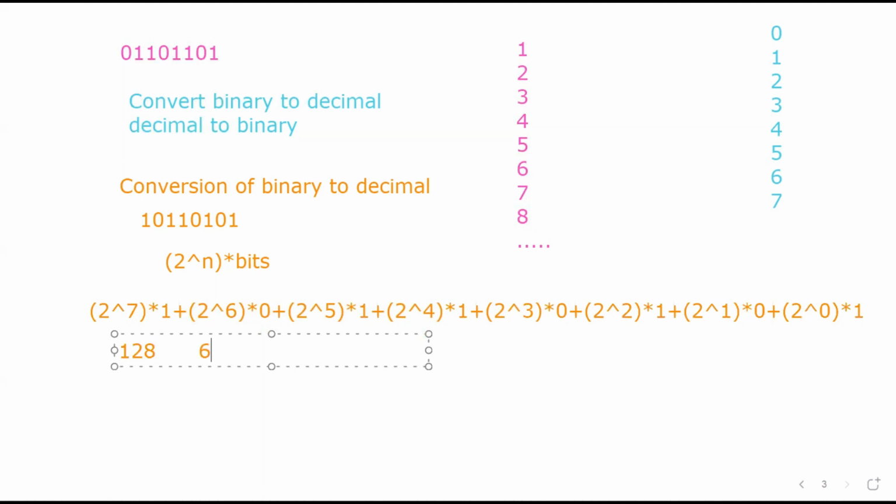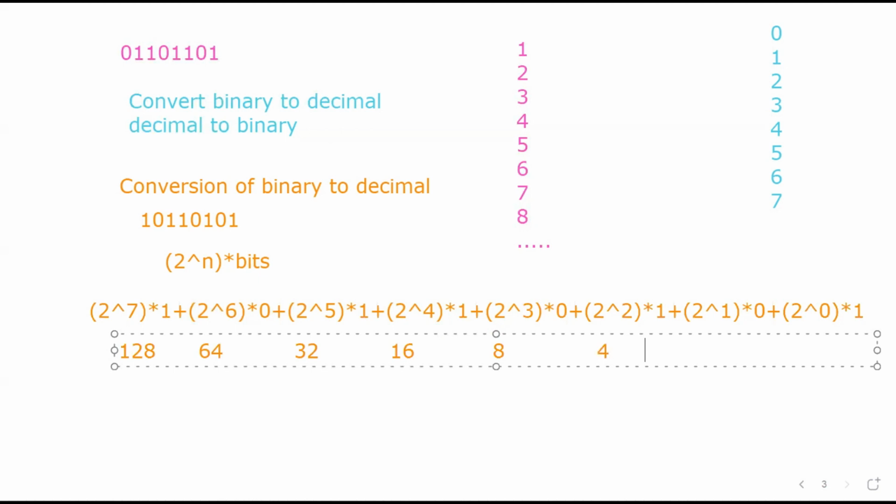Then 2 to the power 6 is 64, 2 to the power 5 is 32, 2 to the power 4 is 16, 2 to the power 3 is 8, 2 to the power 2 is 4, 2 to the power 1 is 2, and 2 to the power 0 is 1.